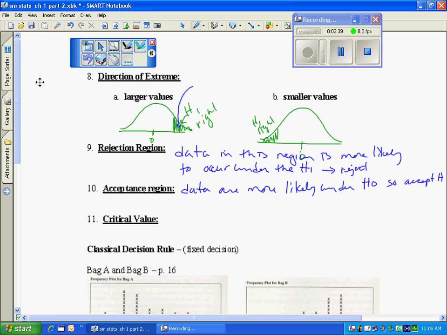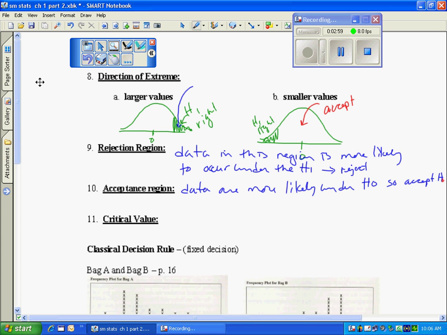So just looking at these two pictures, if I gather my evidence and I land in this region, that's where I would accept my null. It's either accept my null or reject my null. You don't use the word alternative. It's either the decision accept or reject the null.